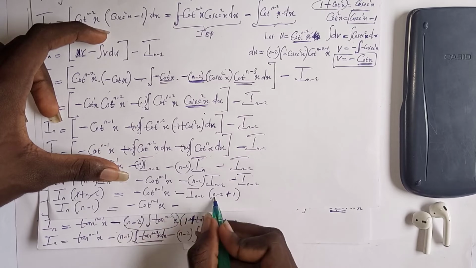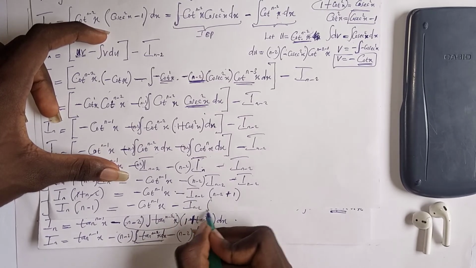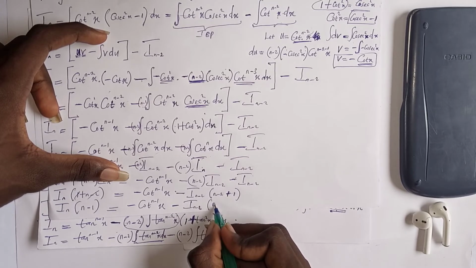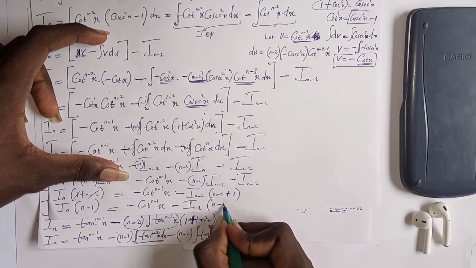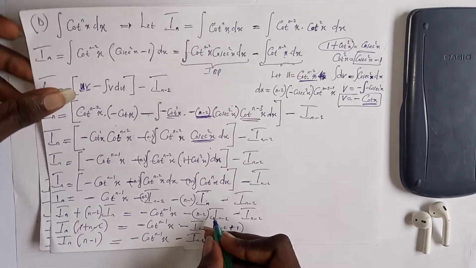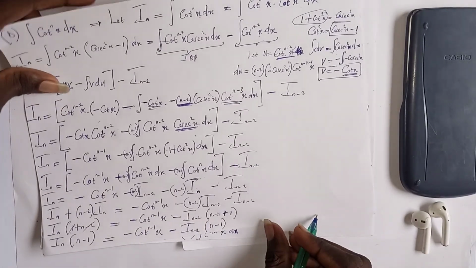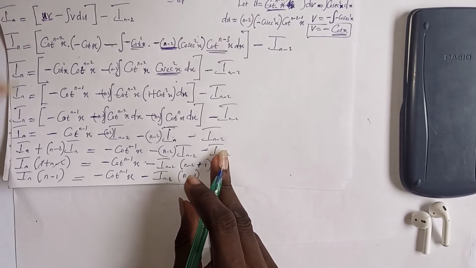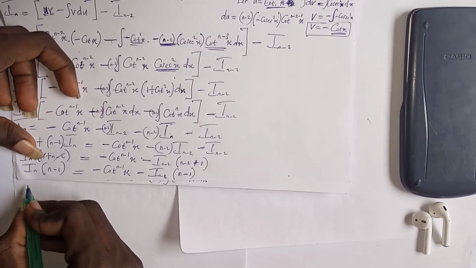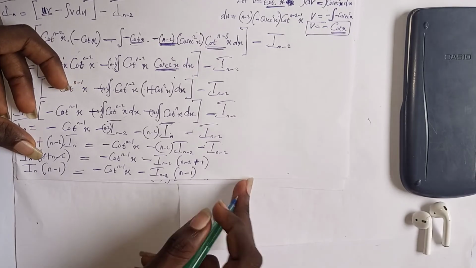And then minus in minus 2, n minus 2 plus 1, that should be n minus 1. Yeah, that should be n minus 1. So I can divide through by what? From here now, I can decide to divide through by n minus 1.